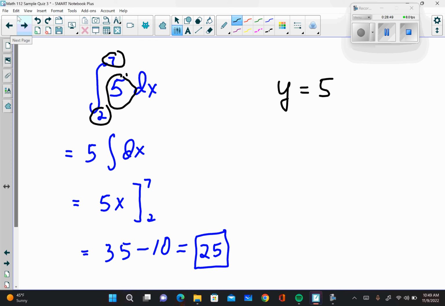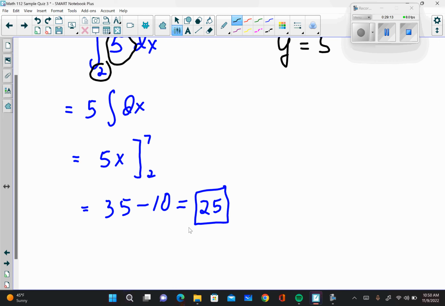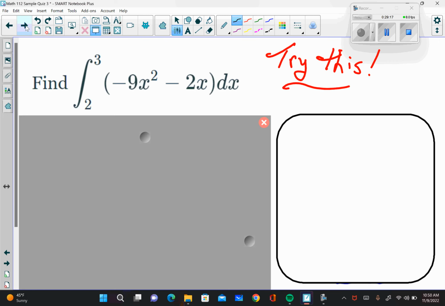So you can do all this calculus and get 25, or you can graph this horizontal line, y equals 5, and the integral means the area between y equals 5 and the x-axis from x equals 2 to x equals 7. And the area of this, 1, 2, 3, 4, 5, 10, 15, 20, there's 25 square units. So the answer can be found using calculus or using geometry.